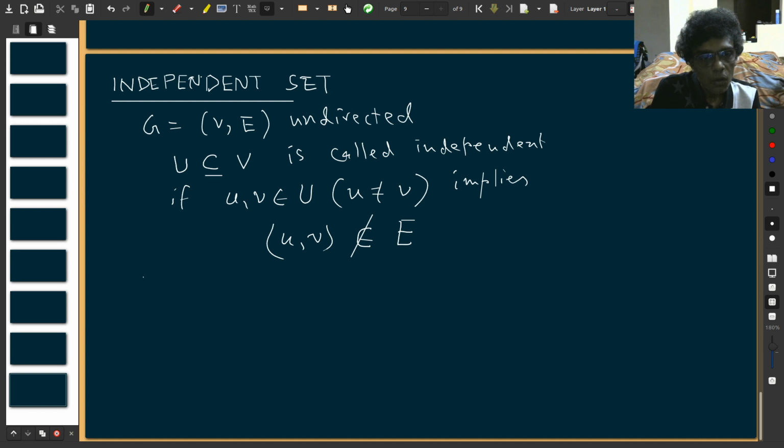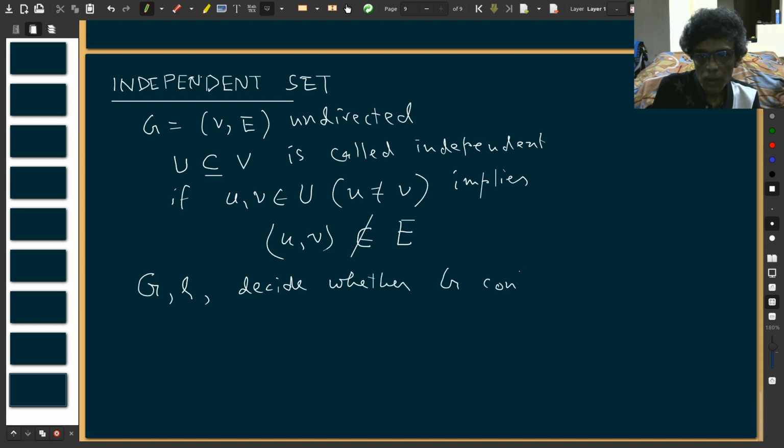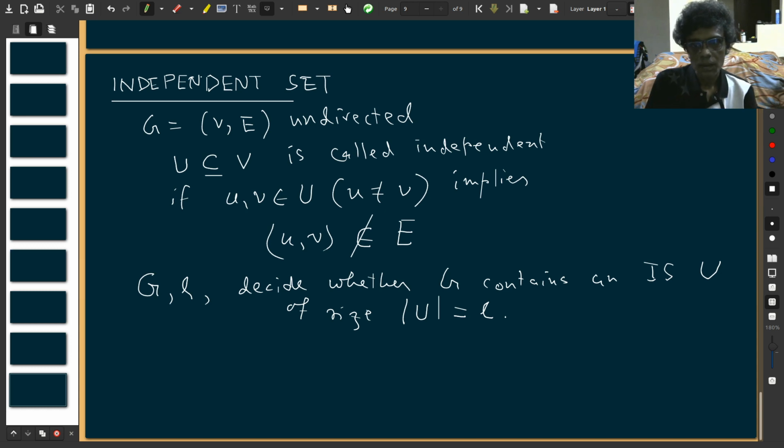In any case, the decision version is: given G and some L, decide whether G contains an independent set U of size equal to L or greater than or equal to L, doesn't matter. If an independent set of this size exists, then just provide this set and in polynomial time I can verify whether that's really an independent set.